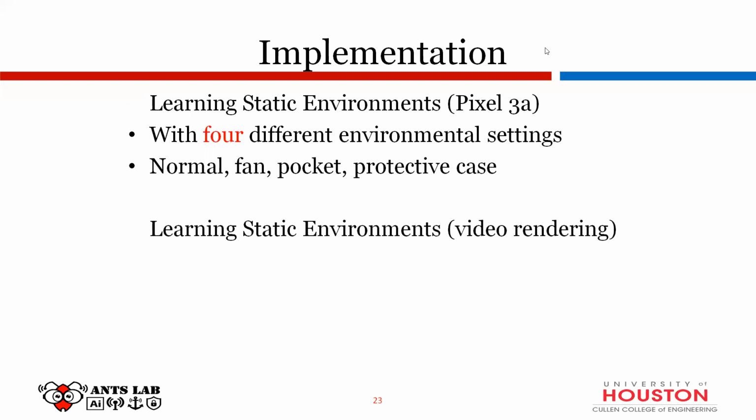As for TX2, here they only mention video rendering, and it is also learning about static environments. They are learning through a thermal headroom in this case. So this part is about static environments.